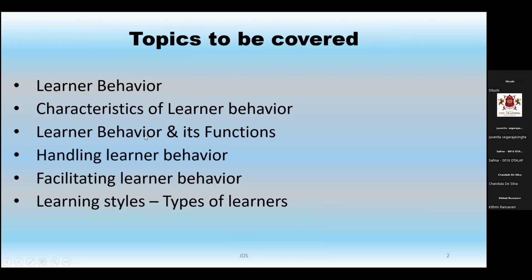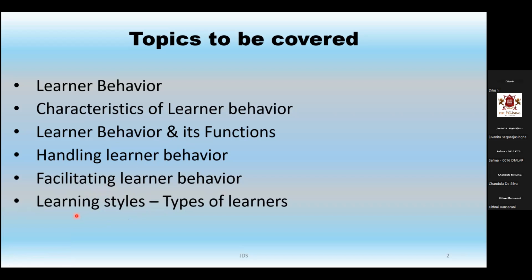Why people behave in a certain manner. Right? So when it comes to children, why do children behave in different manners? How it should be handled, learner behavior, how it has to be handled. And then facilitating, how can you regulate learner behaviors? Or if you want to just make them behave better, what are the tips that we can follow?